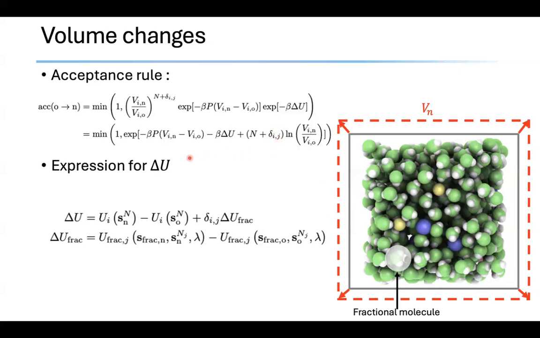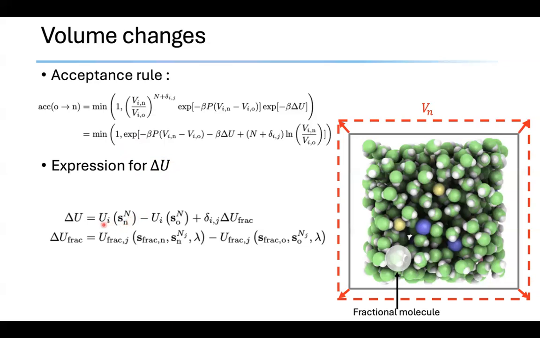Since we're performing NPT Gibbs ensemble simulations, the pressure is already encoded into the acceptance rule. So you're strictly enforcing the pressure of the system. Once again, similar to what was given before, you have to calculate what the delta U is. As I mentioned, since you're expanding the box, the relative distance between the molecules is also scaled during the change in the volume of the box.